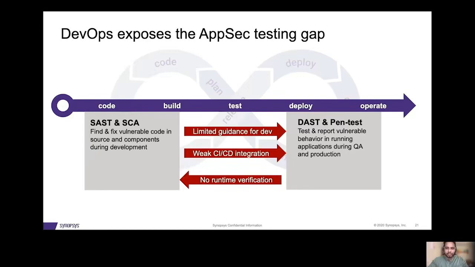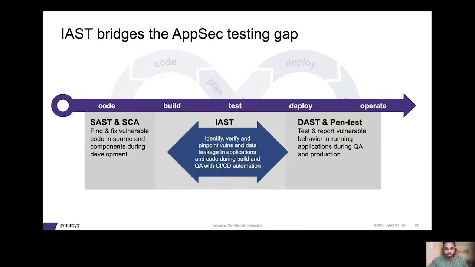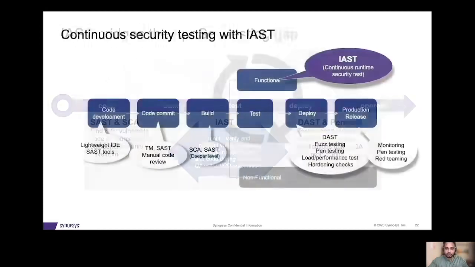DAST and pen testing are complex and used late in the SDLC and don't integrate very well into the workflow of CI/CD pipelines, making it costly and time consuming to fix vulnerabilities that are found. There is an obvious gap with the traditional tools, and they have their own limitations. IAST addresses this gap by providing a solution that allows for automated testing of web applications, with the ability to provide development with the specific location of vulnerabilities in the code.